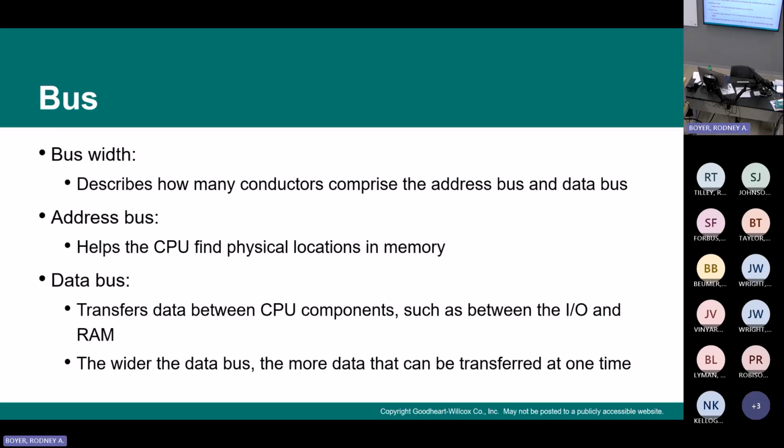Anybody want to take a wild guess at how many bits wide the bus is on one of these controllers? 32? Eight. No. 16. 16. There you go. I knew somebody would eventually get it.